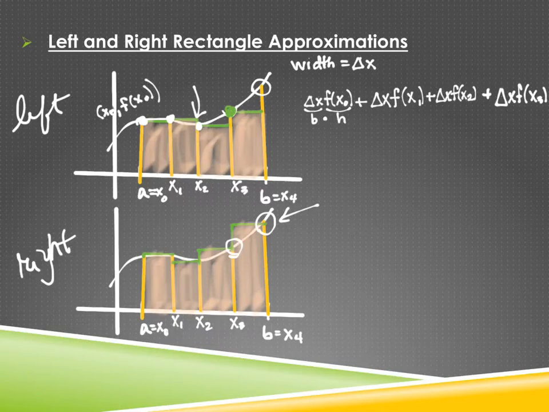Now, these are 4 areas that we're adding together. They're all base, which is delta x, times the height, which is a y value. But take a look at it from an equation standpoint. What does each component of this sum have in common? Delta x. So instead of doing all of this multiplication, we're going to factor the delta x out in front, and we're simply going to add up the y values, f of x0 plus f of x1 plus f of x2 plus f of x3.